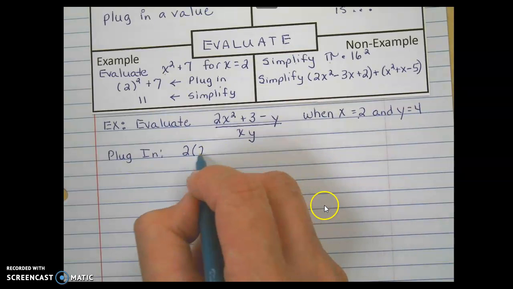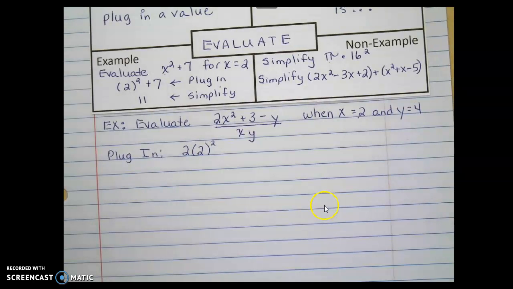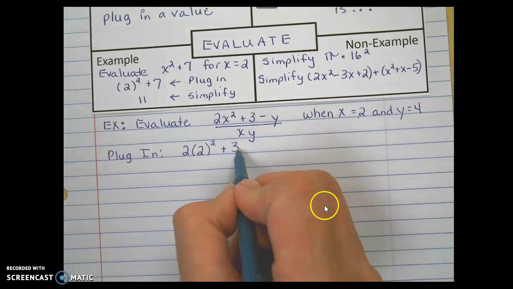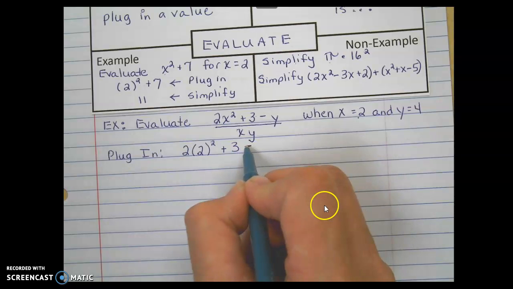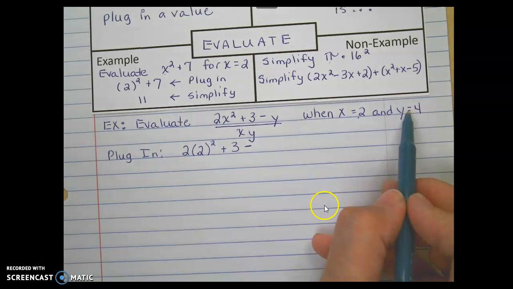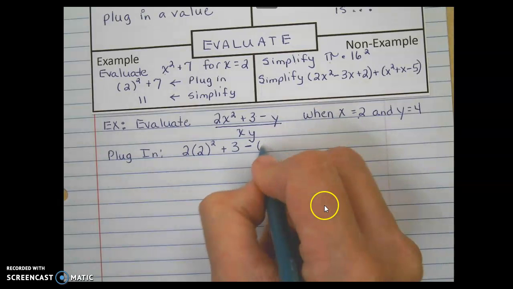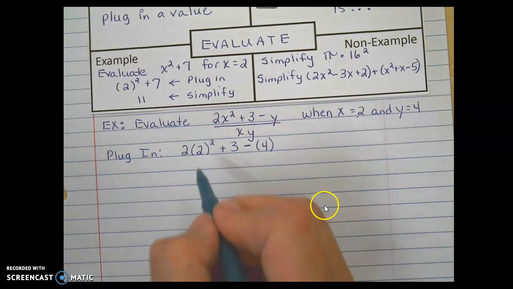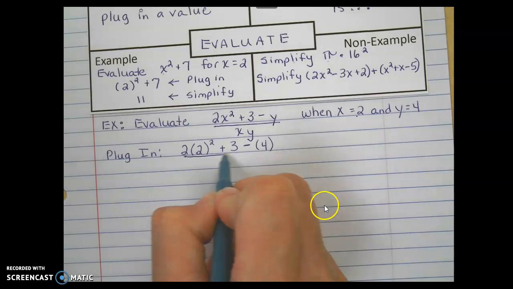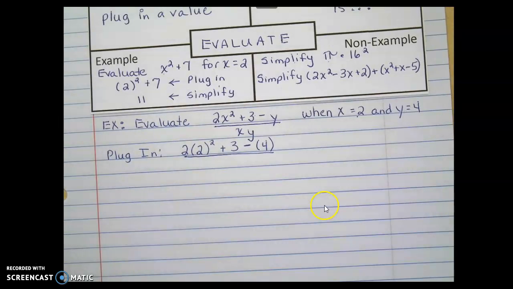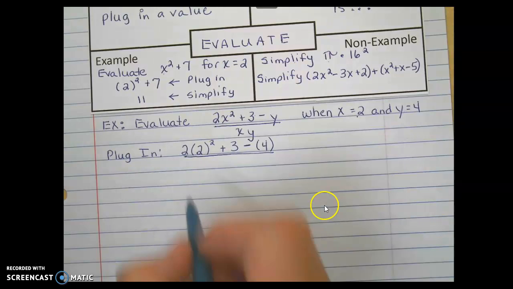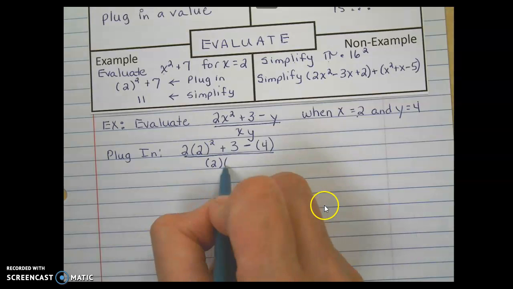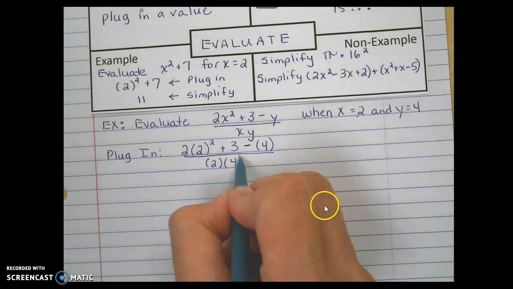So I will have 2 squared plus 3, that did not have a variable, subtract my replacement value for y is 4. And I put my replacement values in parentheses. Now let's look at the denominator. For x, I'm putting a value 2. For y, I'm putting a value of 4.